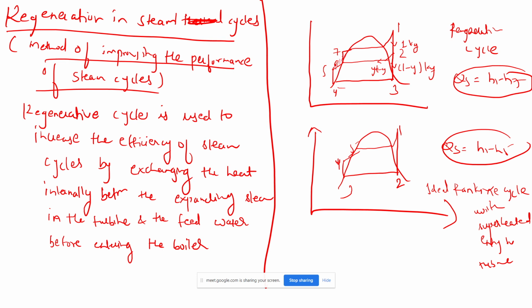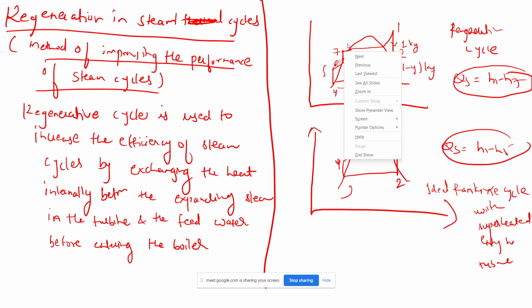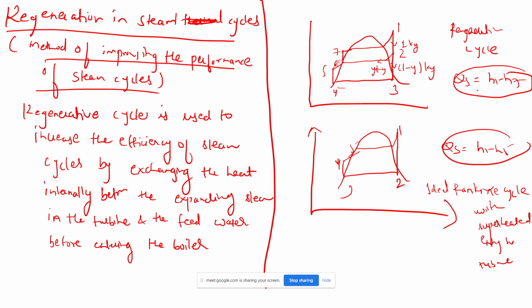But if we are extracting steam and then heating with it, the quality of the steam will be improved and the enthalpy of the steam will also increase, because of which we will reach point 7, and we have to supply less heat in the boiler region.